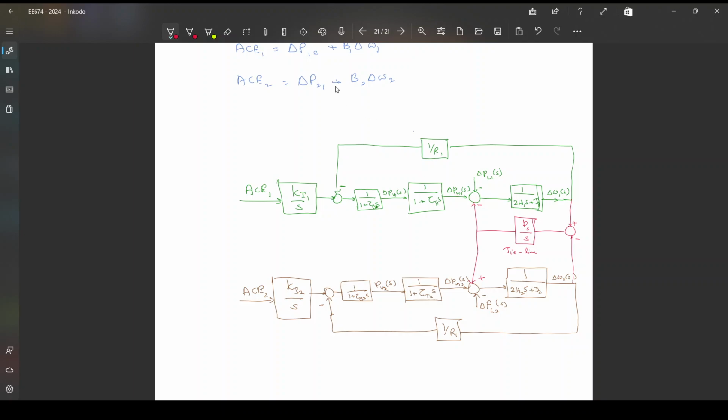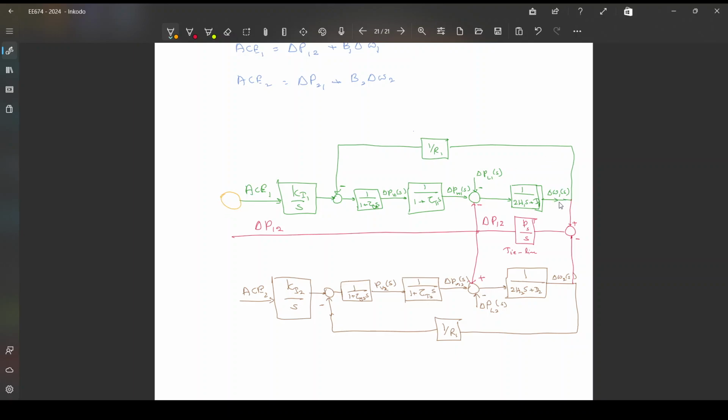So you need delta P12 and delta P21. So here what you have is delta P12, right?